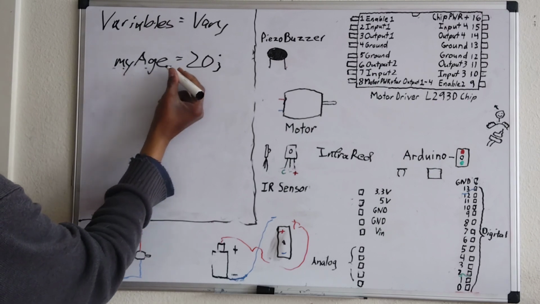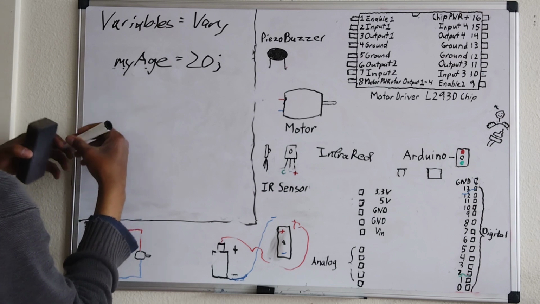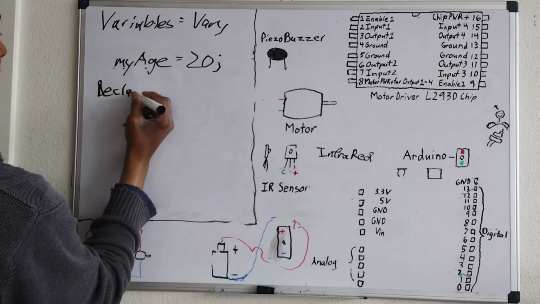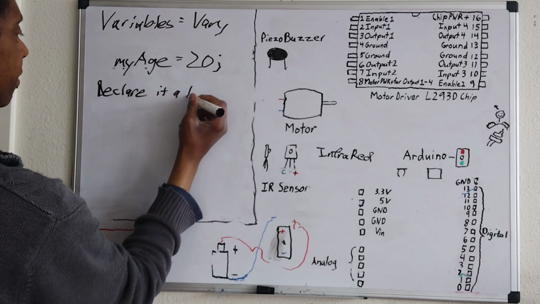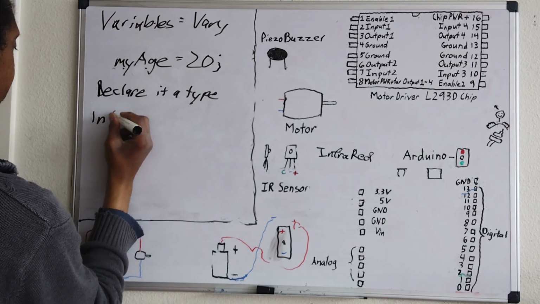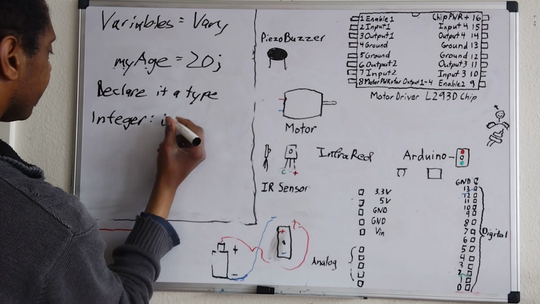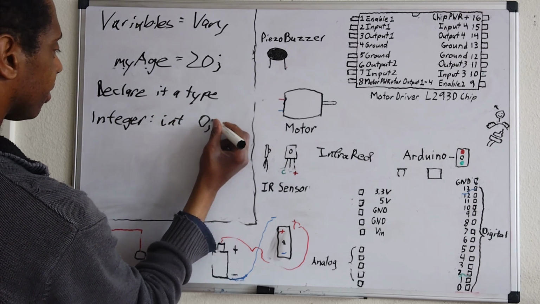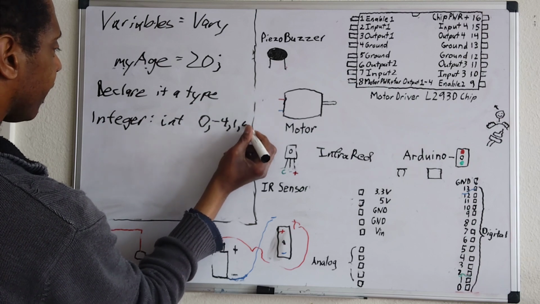Next, before you can say my age is a number, you have to declare it. Declare it a type. What are the types? Well, there's integer, abbreviated int, which is normal numbers like 0, -4, 1, 5.